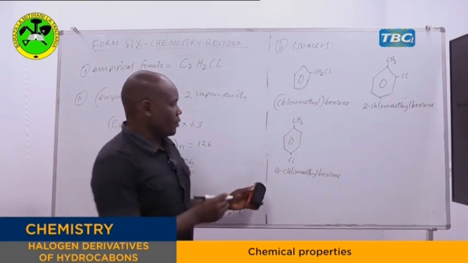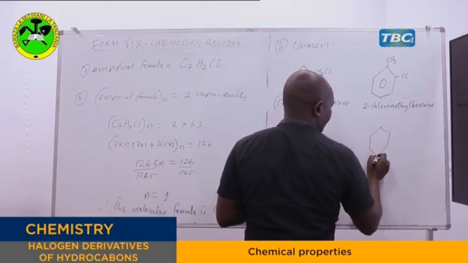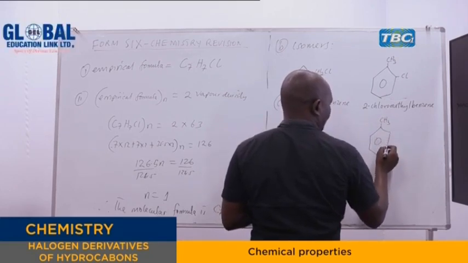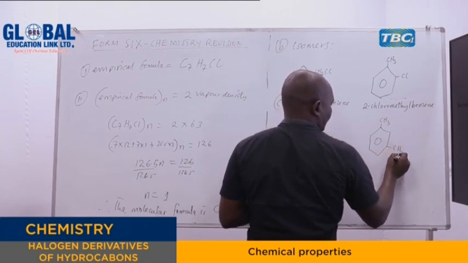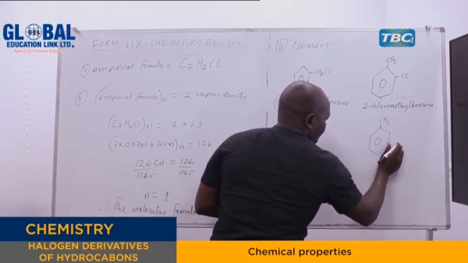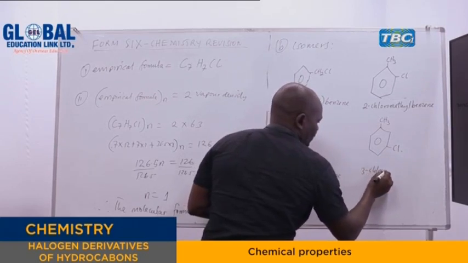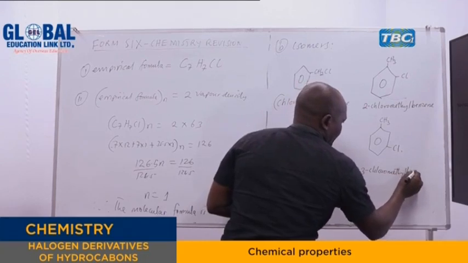And also another isomer can be this one, which is 3-chloromethyl benzene.